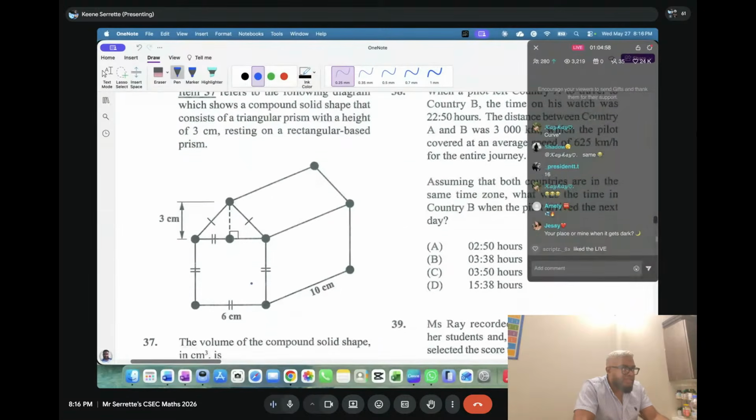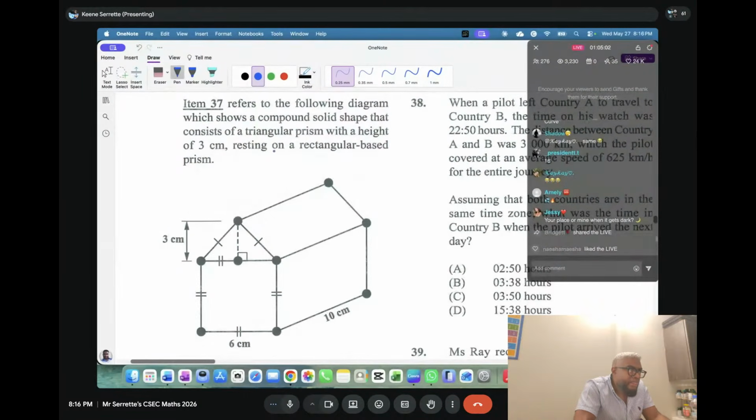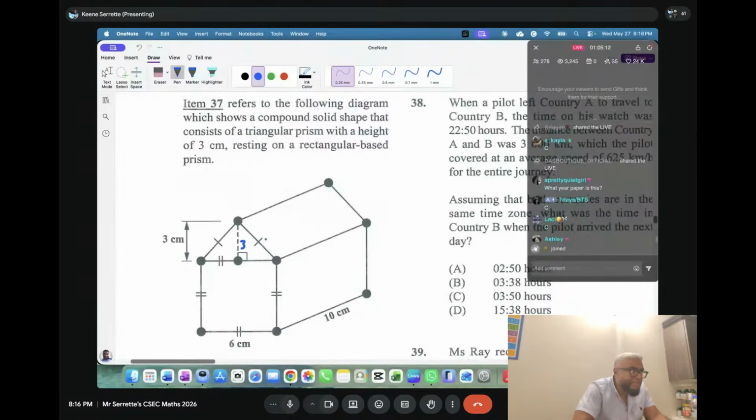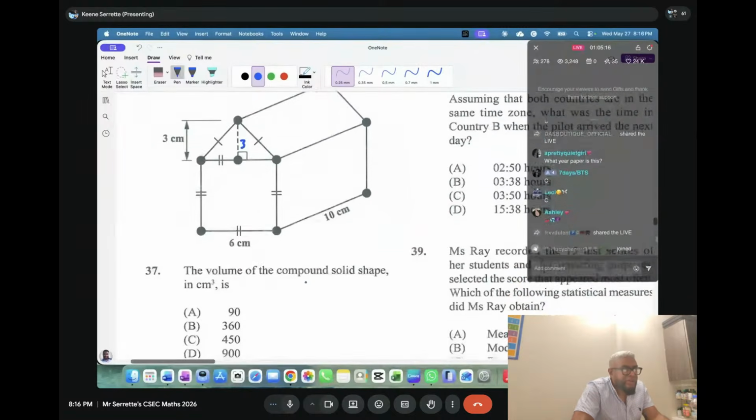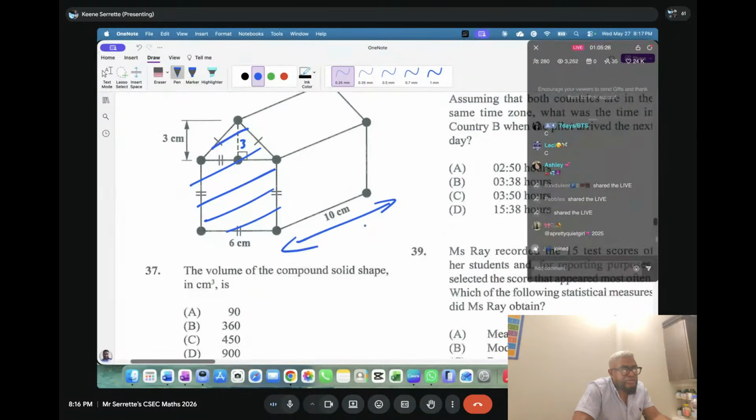Item 37 refers to this diagram, which shows a compound solid shape that consists of a triangular prism with a height of 3 centimeters resting on a rectangular base. The volume of a compound shape is the area of the cross section multiplied by the distance between the two cross sections.